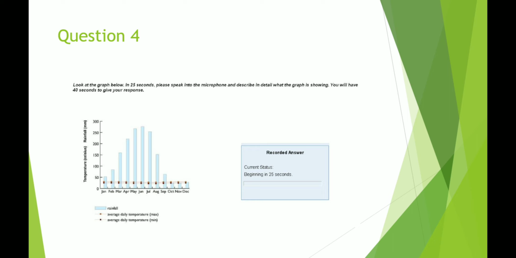Another important tip here, guys: you have to speak immediately once the recorder has started. If you stay silent for 3 seconds, you will lose your chance to give the answer for that question. So you have only 3 seconds to start speaking into your microphone.